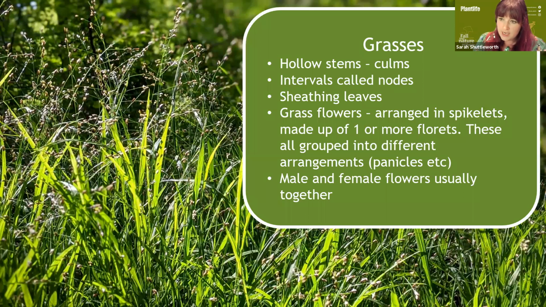Their leaves sheathe around the base of the stem. The grass flowers are arranged within spikelets made up of one or more florets. I'll get into more detail on the next slide for that. And these are all then grouped into different types of arrangements, so we've got panicles or racemes or something like that. And generally, the male and the female flowers are usually all together.